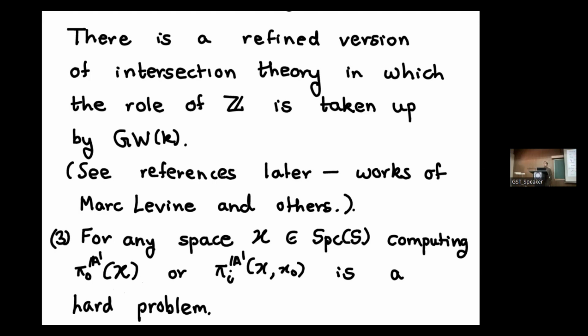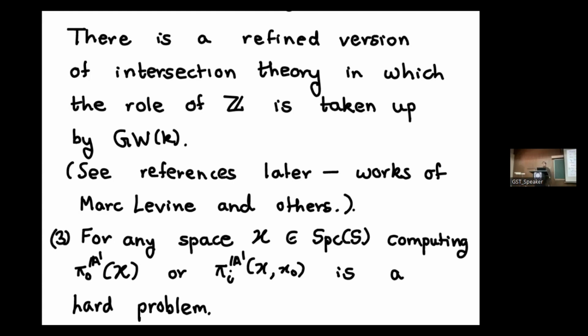What are the indirect techniques for calculating homotopy groups? You take what is called a fibration sequence of spaces, and corresponding to a fibration sequence, there is a long exact sequence of homotopy groups, and you basically use that to calculate various homotopy groups.